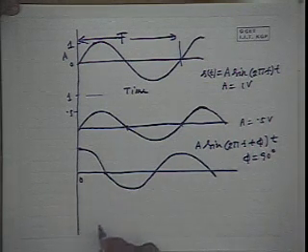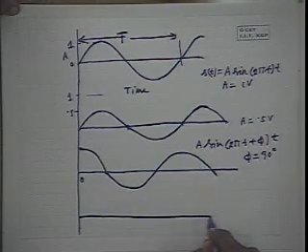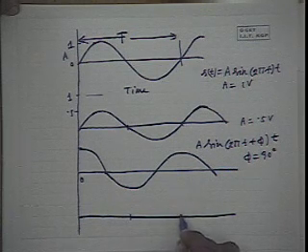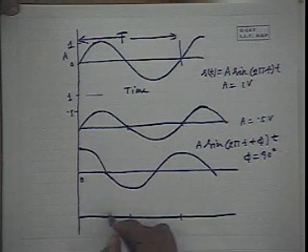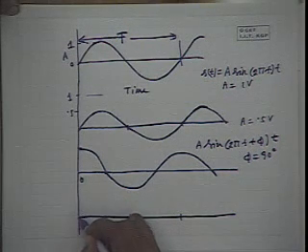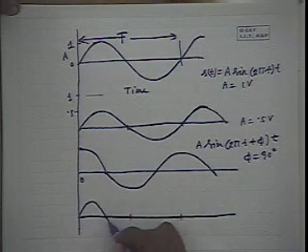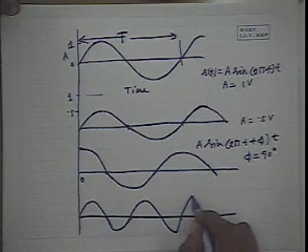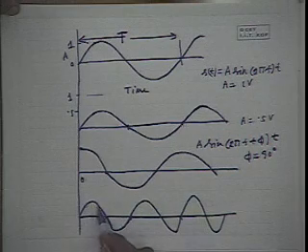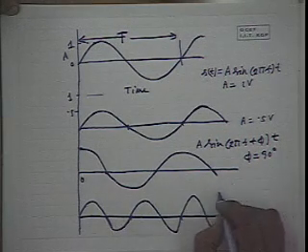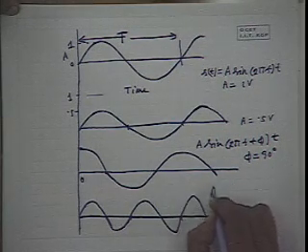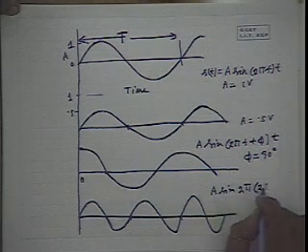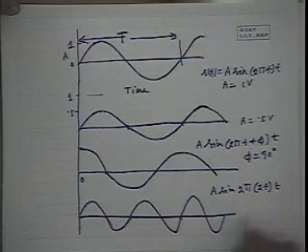Now let us vary another parameter, the frequency. Say in this time we have two waveforms. In this case the frequency is doubled here, so the signal can be represented as A sine 2 pi 2f t.